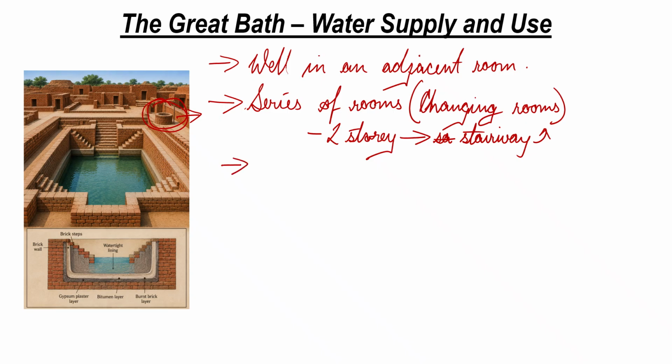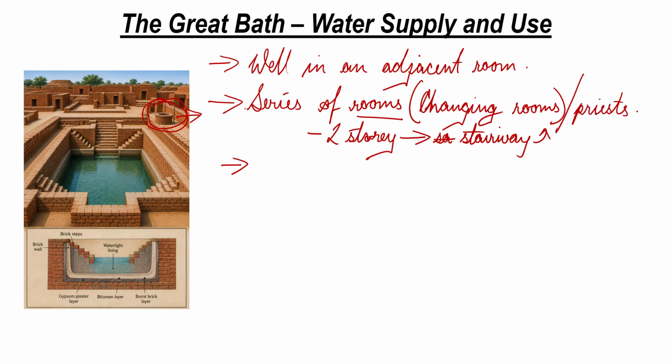Some scholars also believe that the rooms were residences of priests, and some believe that it was for changing clothes. So, these rooms may have been for changing clothes, and it may also have been for priests.